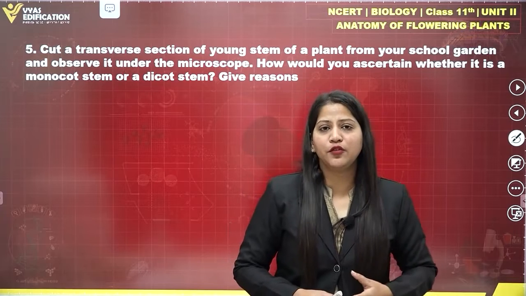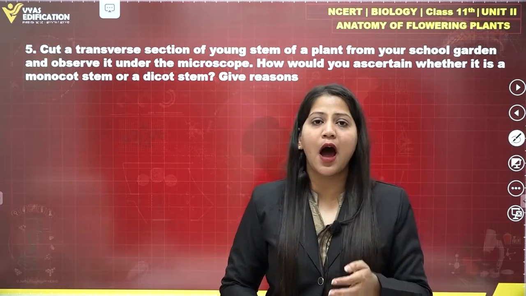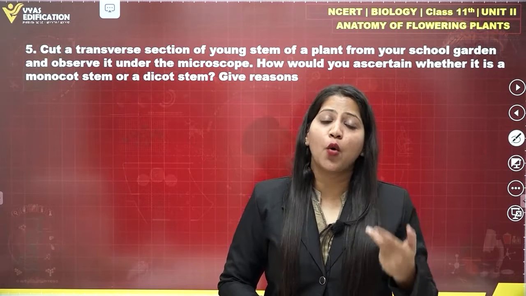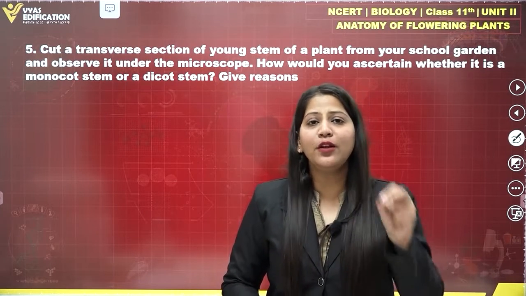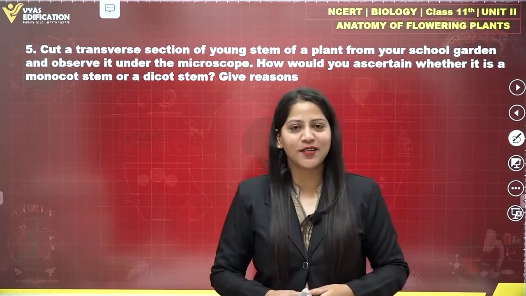Next, the vascular bundles in dicot stems are conjoint, collateral and open. That means you will find secondary growth in dicot stems, which is not found in monocot stem.